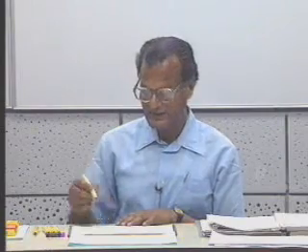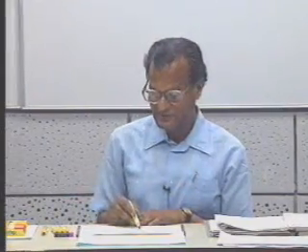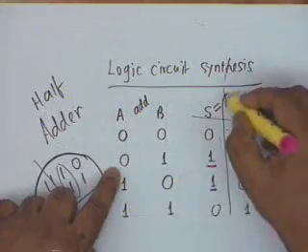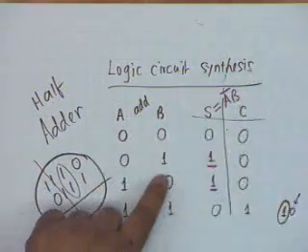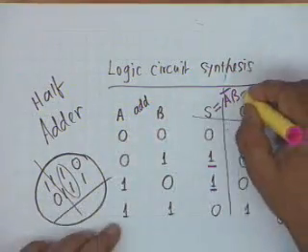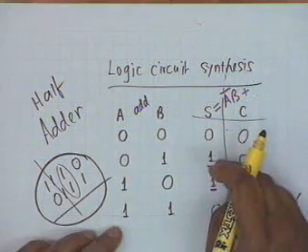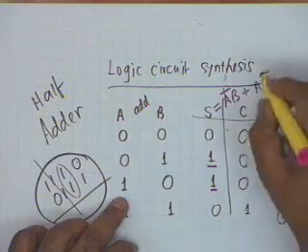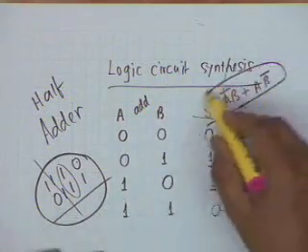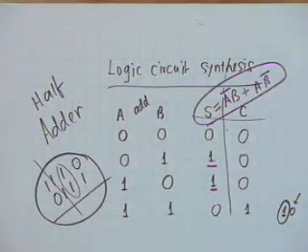That is, you consider only this output and this output, and then write S in terms of A and B. A is 0 here, so A is not true, so you write A bar, and then B is 1, so B, or either this or A B bar. This is the sum.